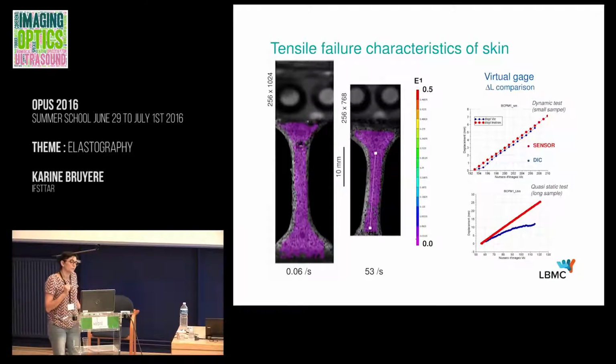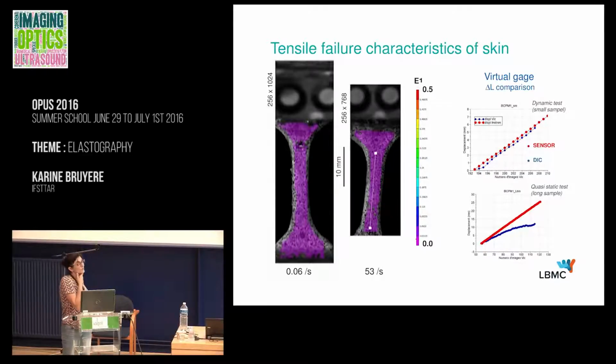And in fact, we have illustrated here a virtual strain gauge. Due to the eye shape of the sample, and to sliding at the extremity of the sample, it's very important for us to have a local measurement of displacement and strain.